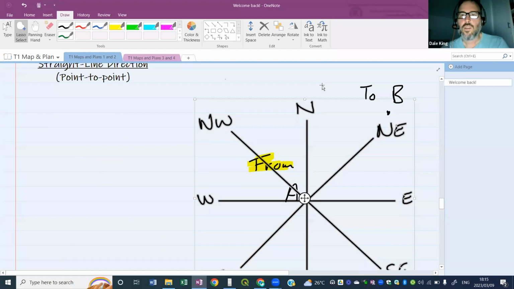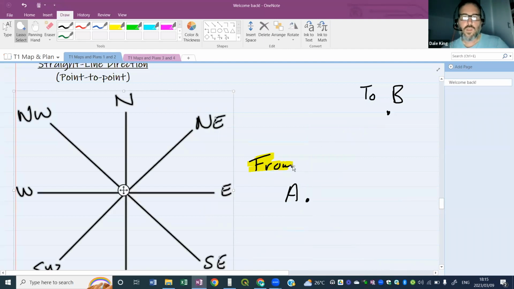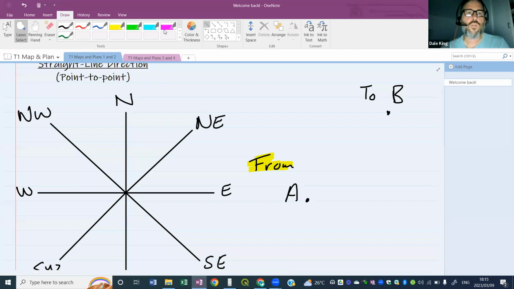So the compass goes on the from point and we're going to the other one. Just remember that where it says from, that's where we're going from. I'm going to draw a red line here and an arrow pointing towards the B. So we're going from A to B, the compass is on from, and it's going to be very similar to this line here.